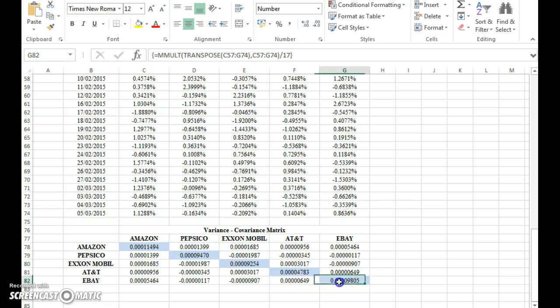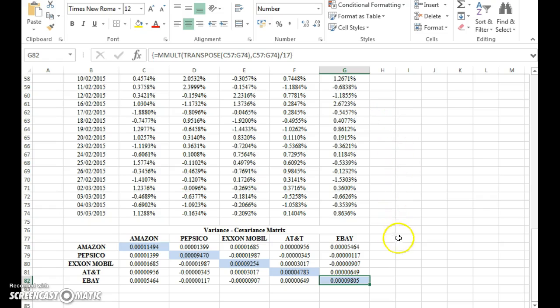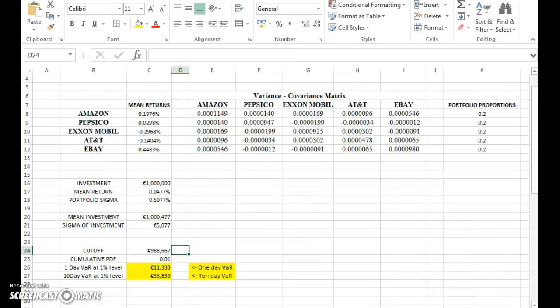I can check if I've done this correctly by comparing this value here to the one up here that I've calculated before, and I can see that the variances are the same. I can confirm now that the variance covariance matrix should be correct for our 5-asset portfolio. Now I'm going to proceed to use this variance covariance matrix in the value at risk calculation.